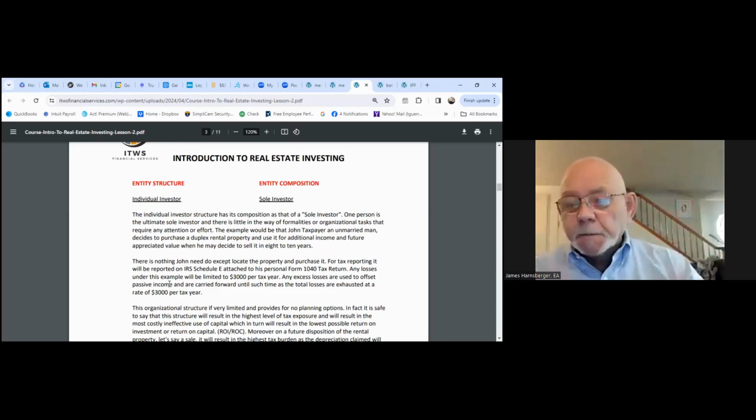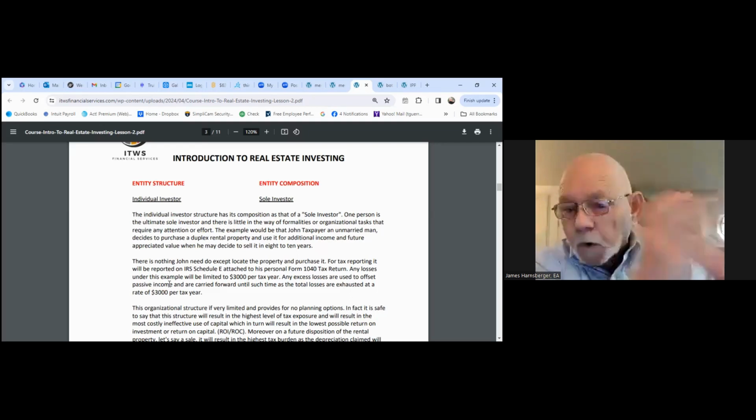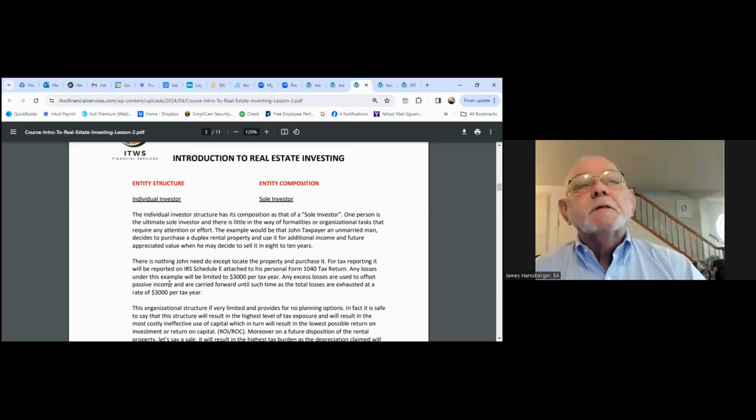That's basically one person that owns one piece of real estate that's an investment real estate for rent. It's not a primary principal residence that's being converted. So that individual investor structure and its composition as a sole investor gives us basically the die is cast in the tax character of that transaction.